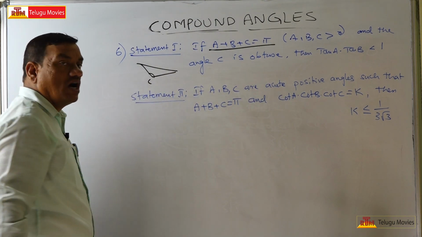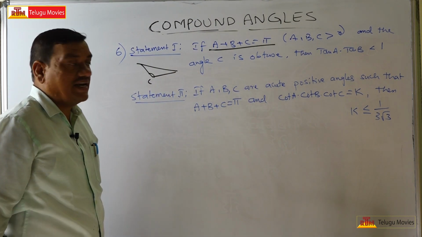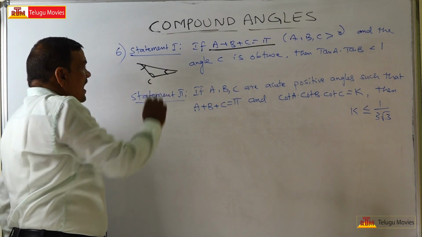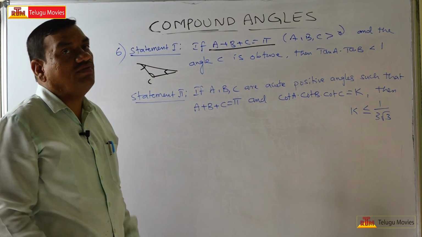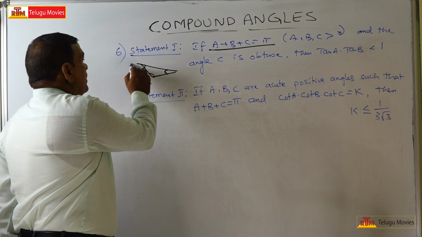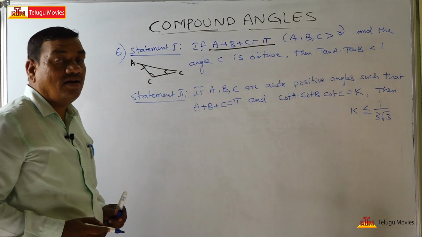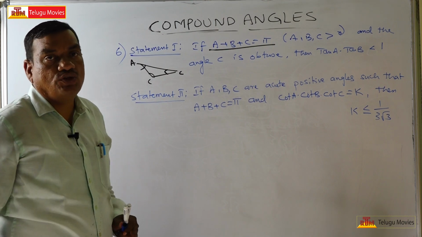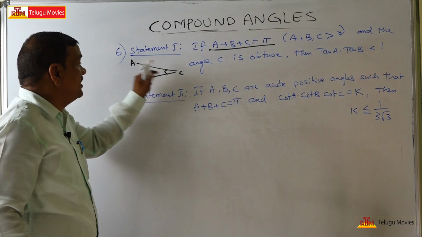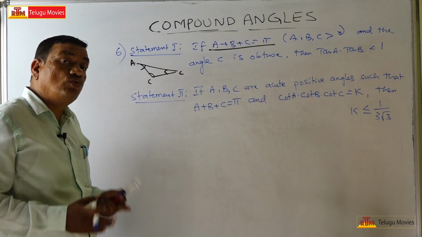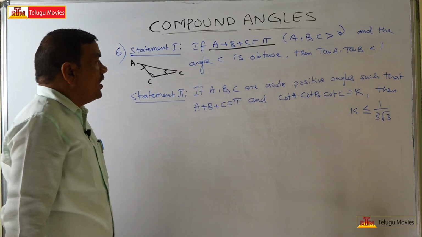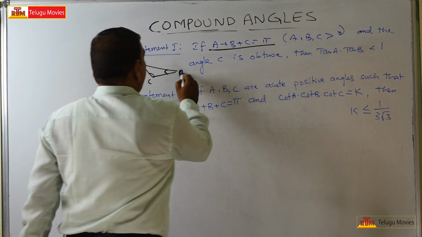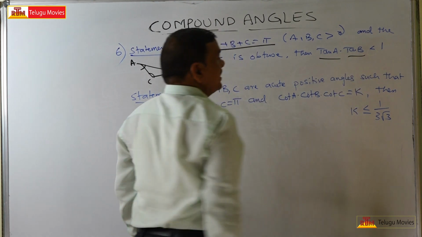Angle c is obtuse, that is more than 90. Definitely angle A and angle B will be acute. In a triangle, there will be one and only one obtuse angle. So if there is one obtuse angle, the remaining two are acute angles. So A and B are acute angles.